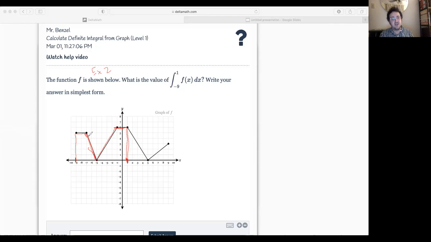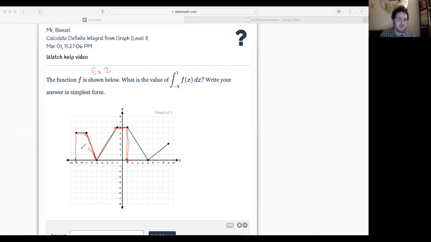And you can kind of break this in. Let's see, we got, you know, 2 trapezoids. So you could interpret this as 2 trapezoids, or you could interpret this as, you know, a rectangle and some triangles. I'm going to just do the two trapezoids.